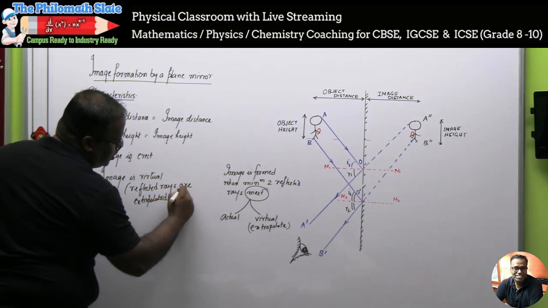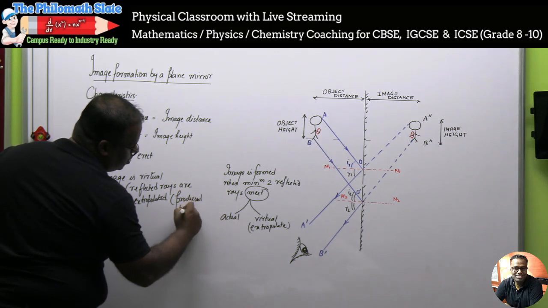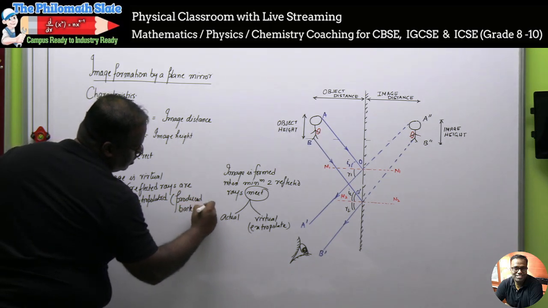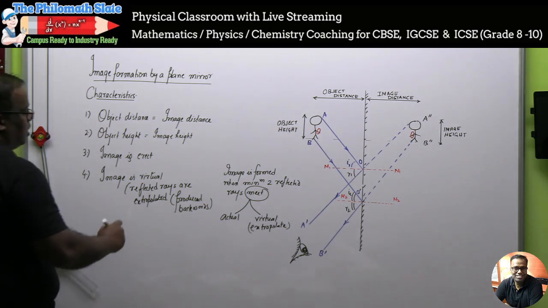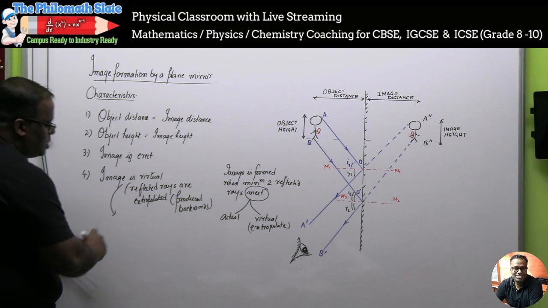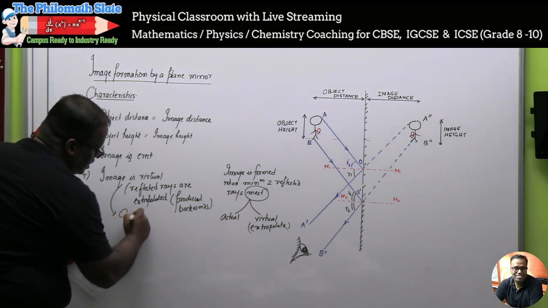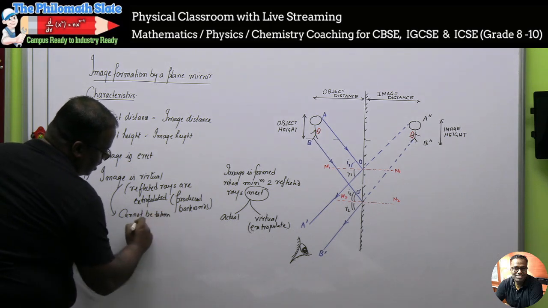Extrapolated का easy English क्या होता है? Produced backwards. Produced backwards. Then you get a virtual image. और जब virtual होगा तो as our friend Samarth was saying, cannot be taken on screen.